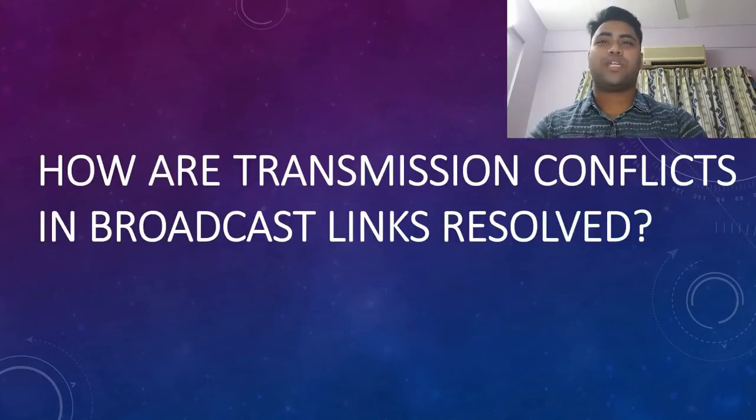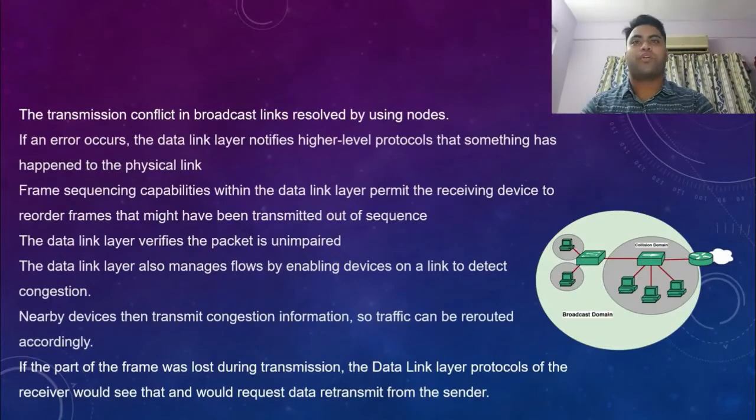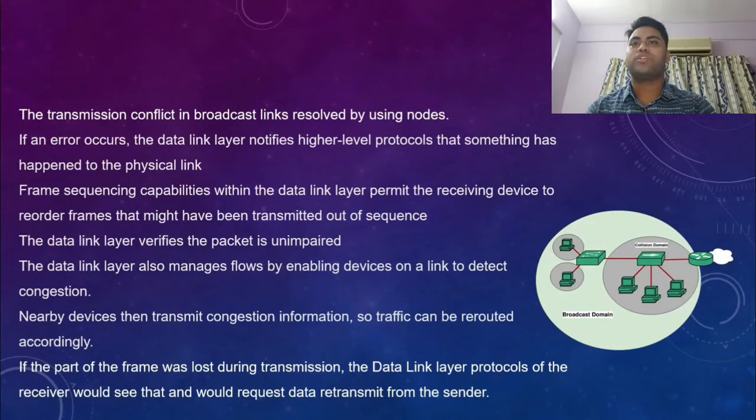The first part is how transmission conflict in a broadcast link is resolved. The transmission conflict in a broadcast link is resolved by using nodes. If an error occurs, the data link layer notifies the higher level protocol that something has happened to the physical links. Frame sequencing capabilities within the data link layer permit the receiving device to reorder a frame that might have been transmitted out of sequence.